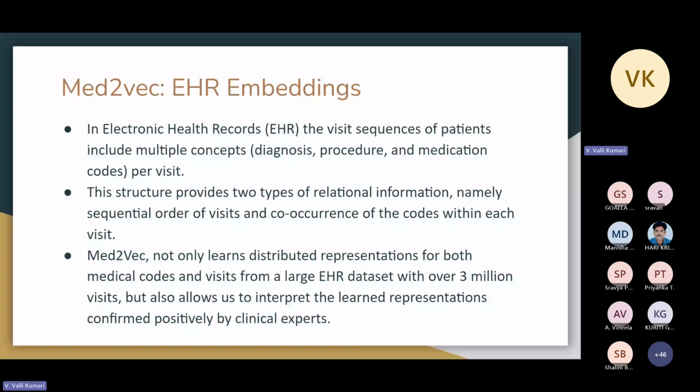So what is the advantage of Med2Vec? It not only learns distributed representations for both medical codes and visits from a large EHR data set, and so the advantage is that it has more information represented in the embedding.